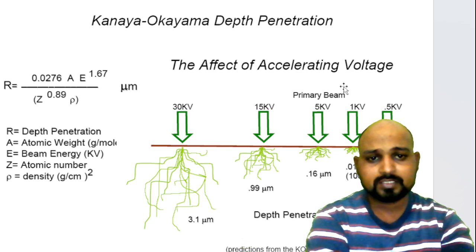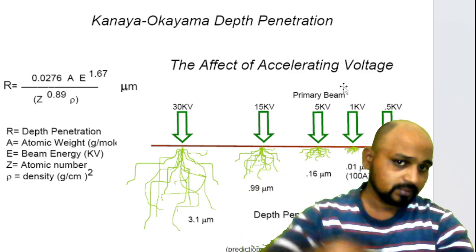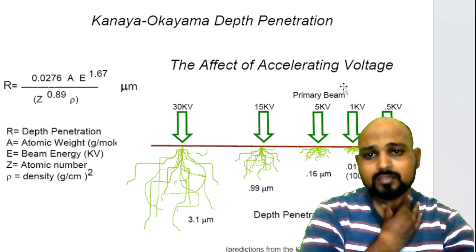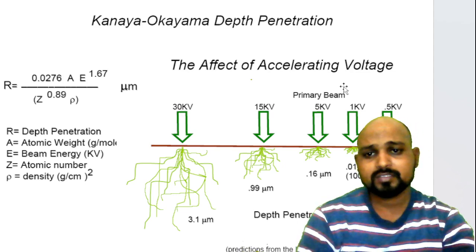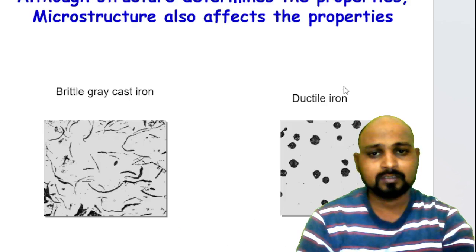If we increase the accelerating voltage, the depth of the electron beam penetration increases. We can see the formula on the screen, where R stands for depth of penetration, A stands for atomic weight of the sample, E is the electron beam energy, Z is the atomic number of the sample, and rho is the density of the sample.